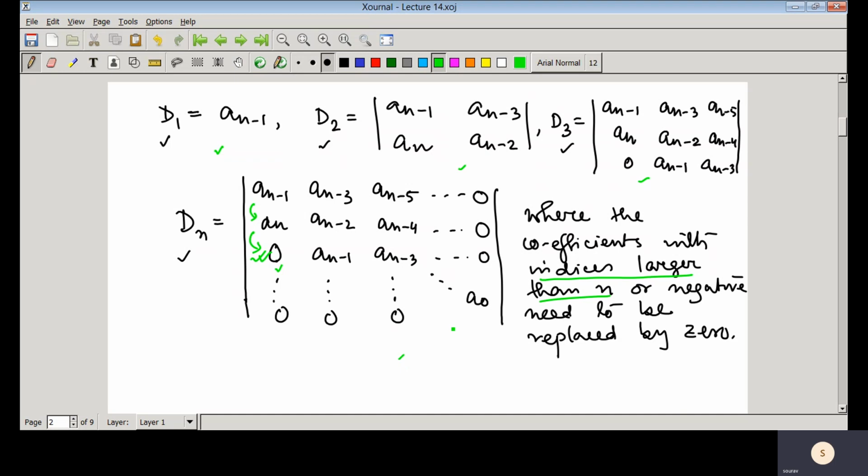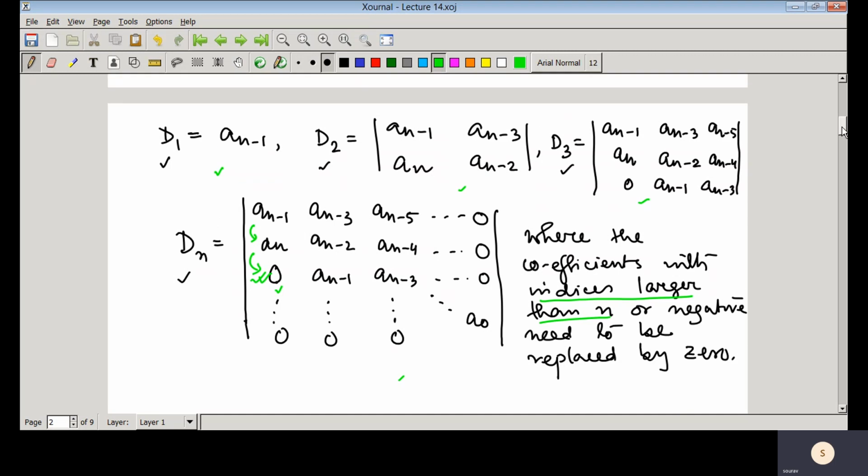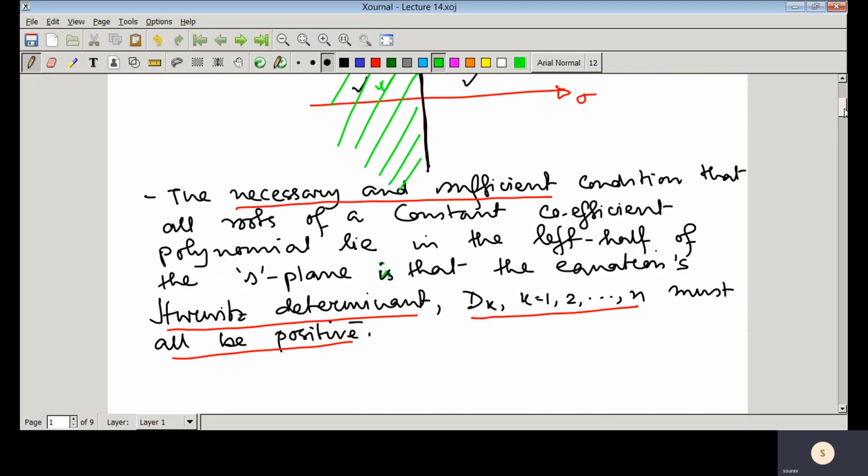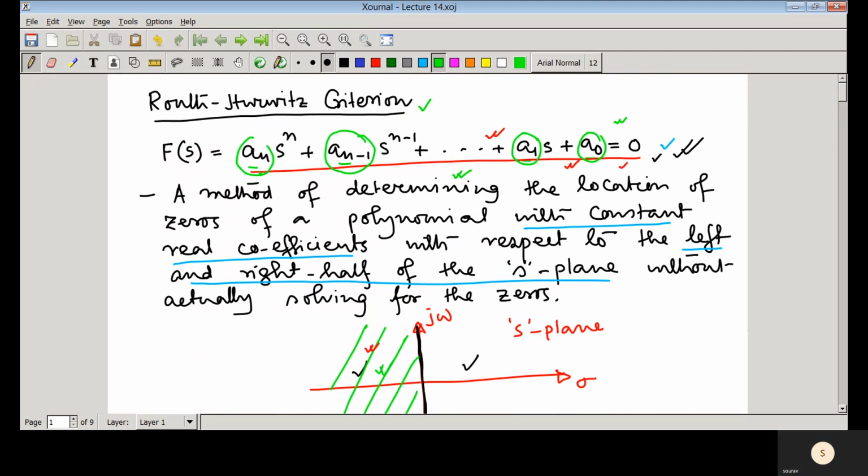So there is a major disadvantage, that is whenever the number of coefficients is large, that means if the degree is high, or if some coefficients are unknown, that means in case of design actually we need to do that.